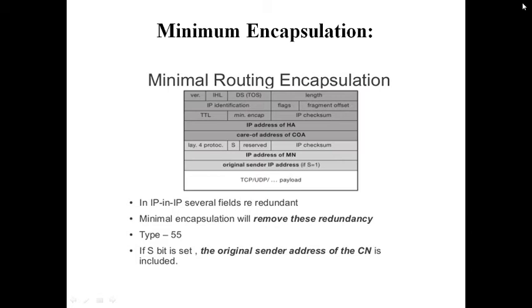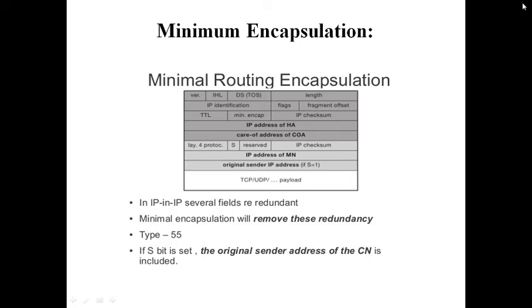The type of the protocol and the address of the mobile node are needed here, meaning after encapsulating the packet, the IP address of the HA and the care of address are needed. Remaining all are the same as IP in IP encapsulation. I am only explaining what is different.